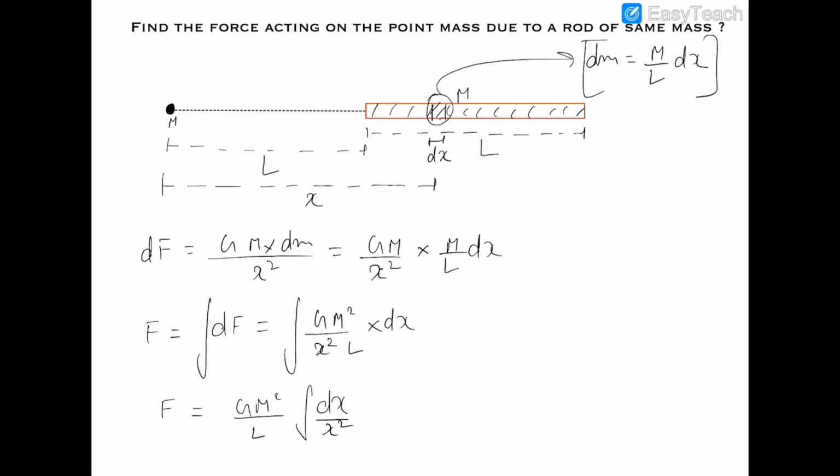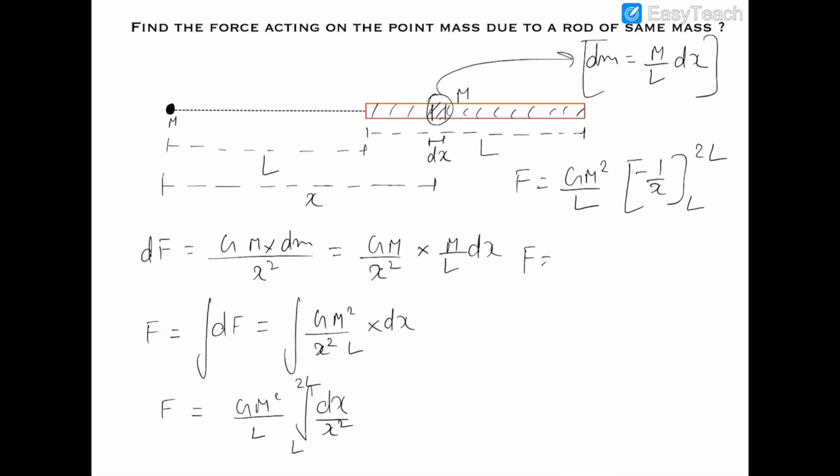The limit of x would be from this end to this end, and at this end x is equal to L, and at this end x is equal to 2L. So the limit of x would be from L to 2L, and therefore F will be equal to G m square by L, and the integration of 1 upon x square is minus 1 upon x, with the limit from L to 2L.